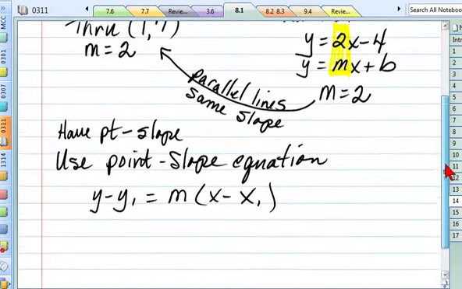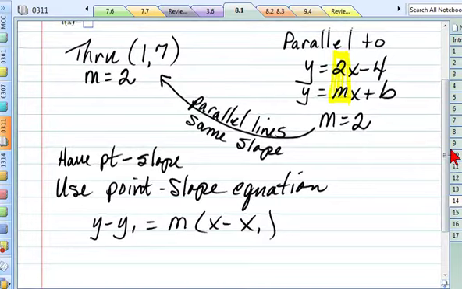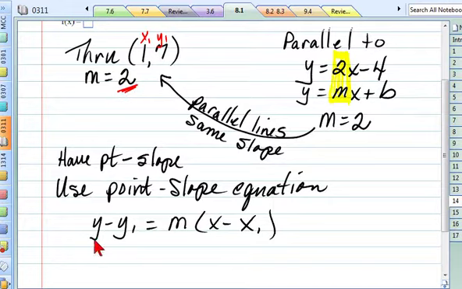Let me pull those back up into view. The point given is always your x1, y1. And I have the slope. So that gives me y minus 7 is equal to 2 times x minus 1.